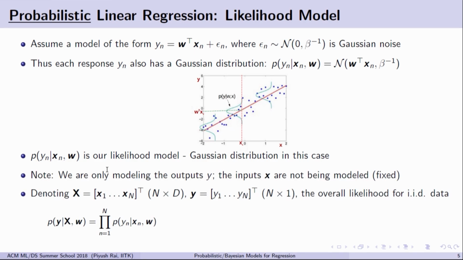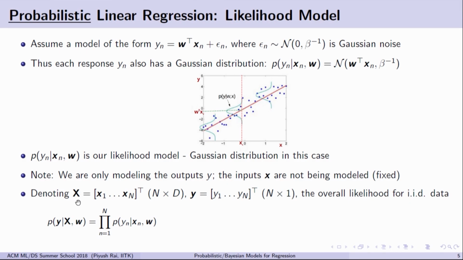So what is the overall likelihood? Each likelihood is this term. If I talk about P of this bold-faced Y, this is the notation I was talking about earlier. Capital X is the n by d feature matrix. This bold-faced Y vector is the n by 1 response vector for all the observations.